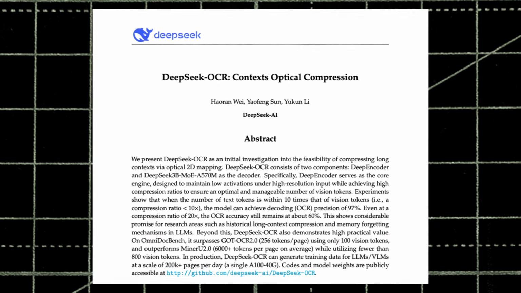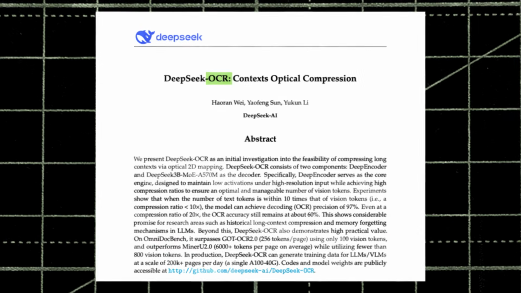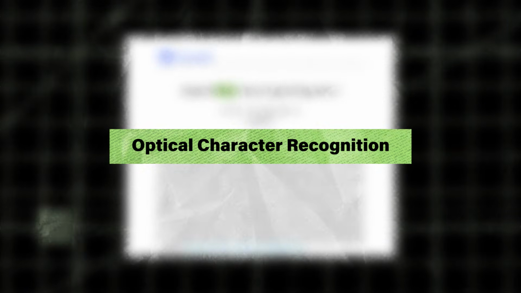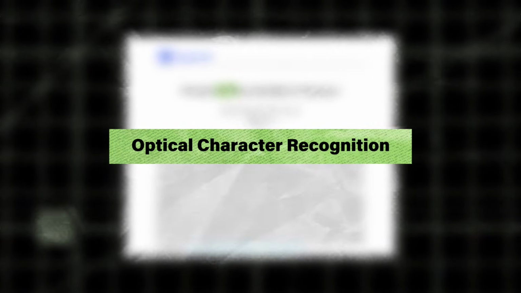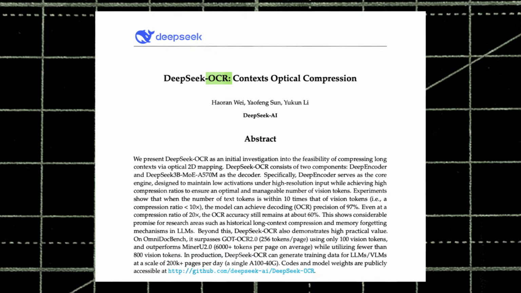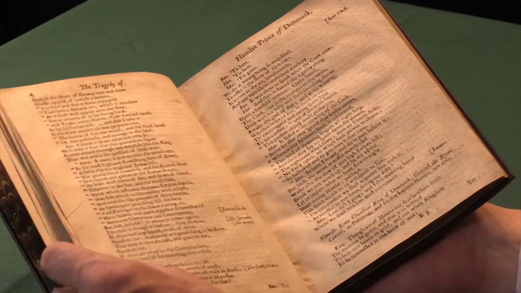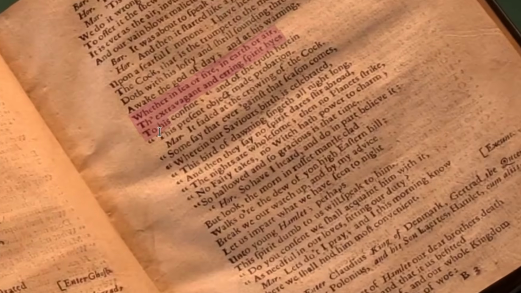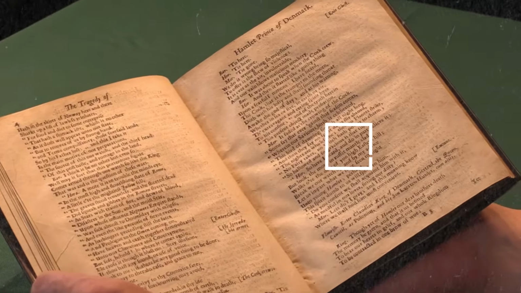Enter DeepSeek OCR. OCR stands for Optical Character Recognition, and it gives computers the ability to read text from images or scanned pages. Instead of breaking a page into thousands of tiny text pieces, OCR breaks it into visual tokens. Think of these as little snapshots that capture both the layout and the text together.